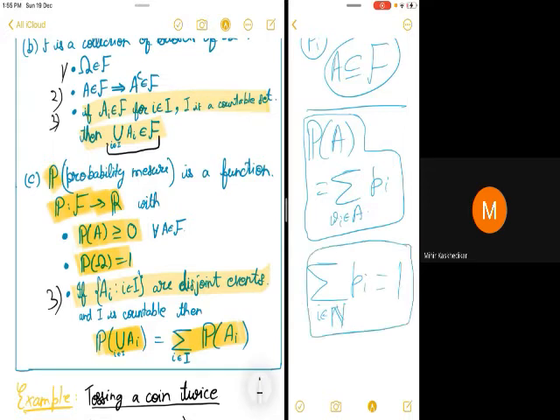This has to be true because probability of omega is 1. This is an axiom.